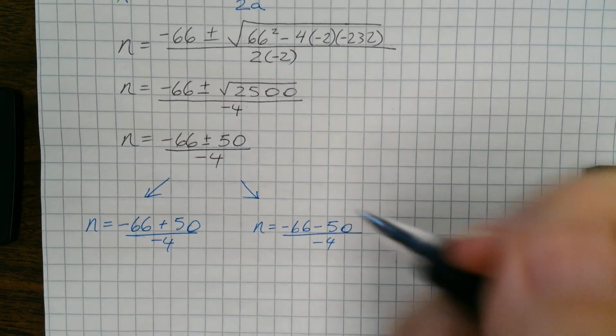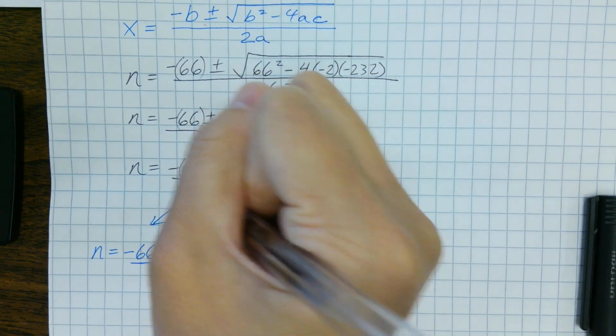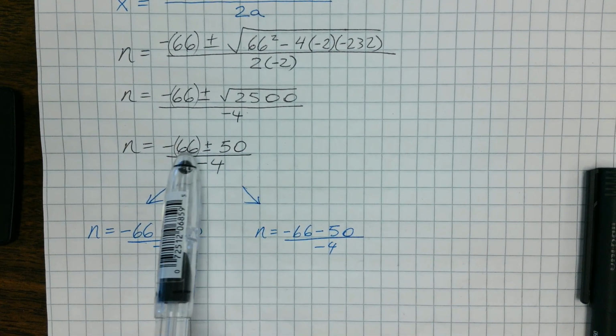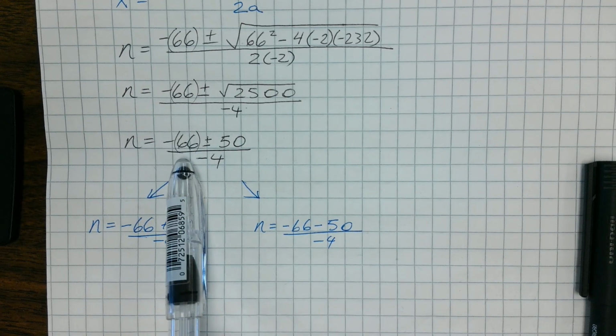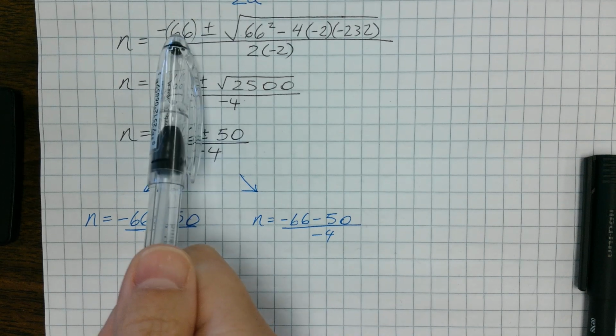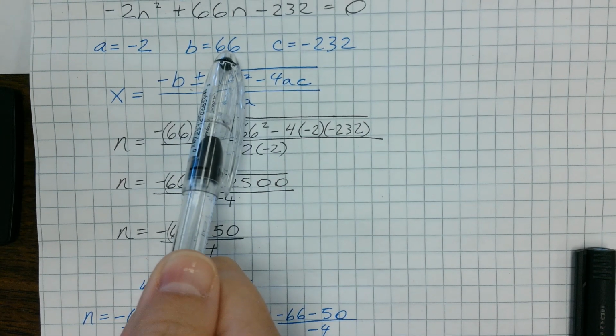Whenever you substitute, you should put in brackets, but I got lazy. I didn't because it was a positive number. When you have bracket negative 66, it's the same. You'll get negative 66. It changes if it was a negative number, like if your b was negative.